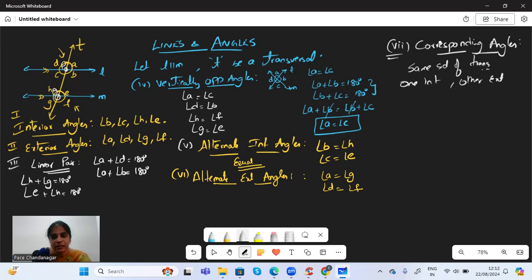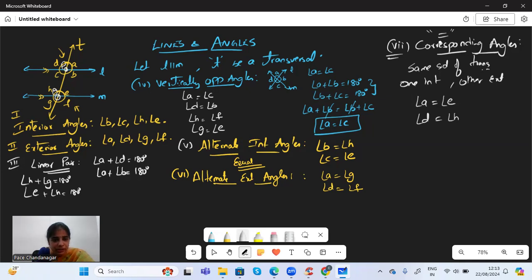Clear? So alternate interior angles are also equal if the lines are parallel, right? So I can write angle A will be equal to angle E. That is one pair. Next, top left is D from the first set, and from the second set, top left is H. So D and H are also equal. Now, which other pairs do we get?